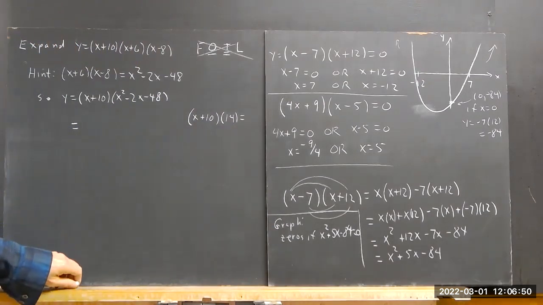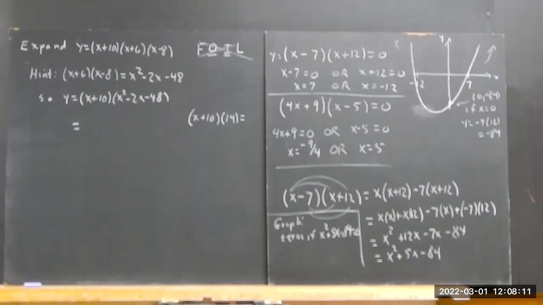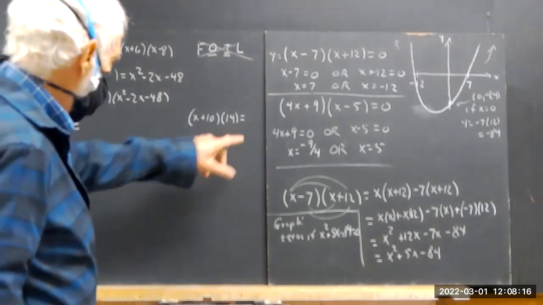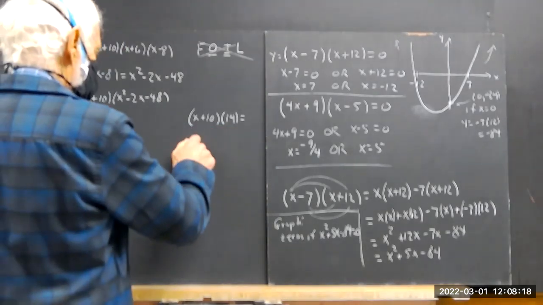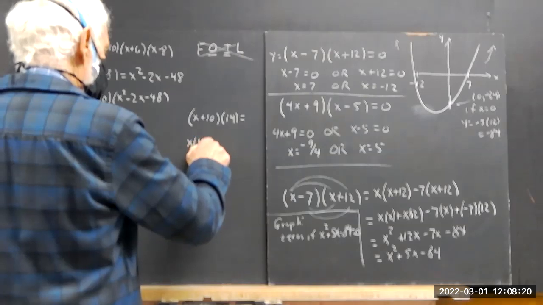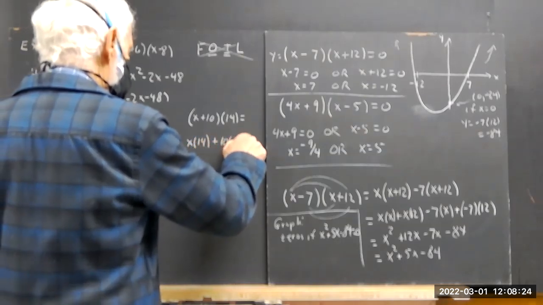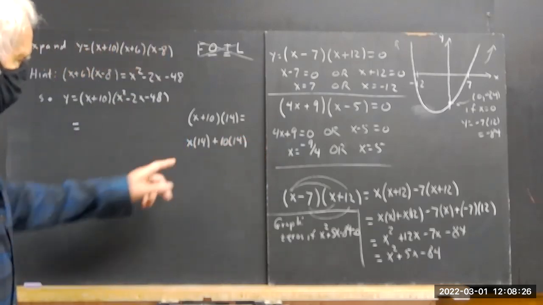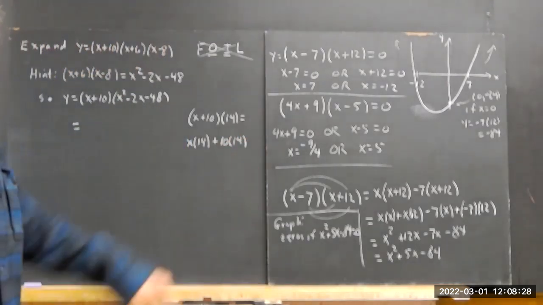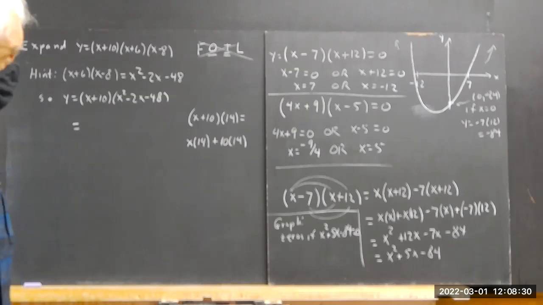Can everybody do this, whether you got it or not? Give you a minute. You can write out what x plus 10 times 14 would be. x plus 10 times 14 means x times 14 plus 10 times 14. Okay?